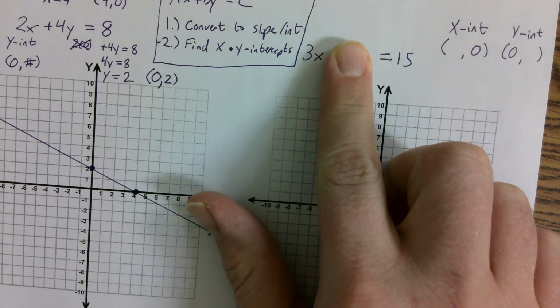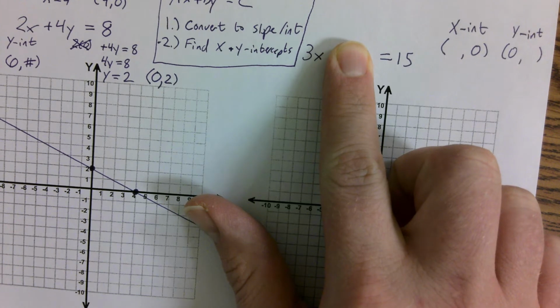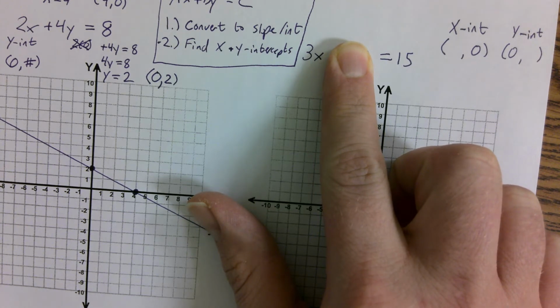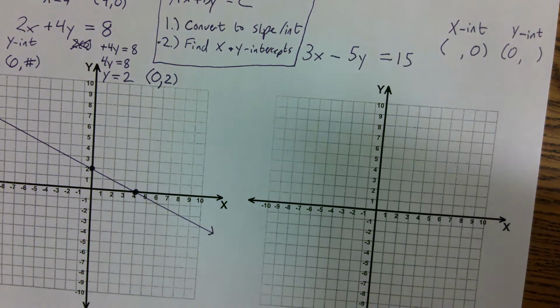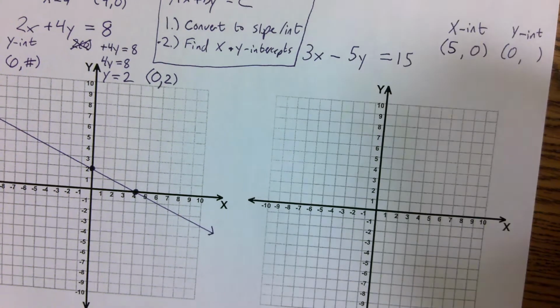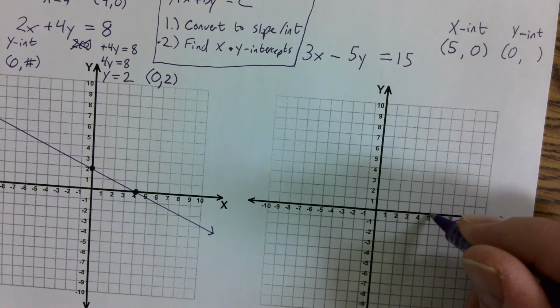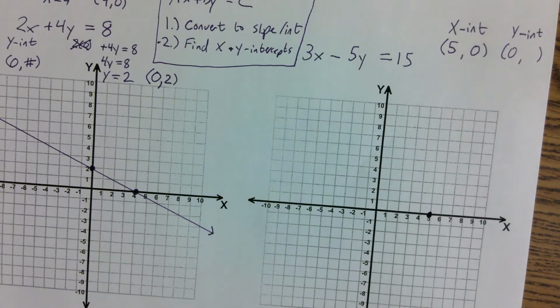And I'm just going to cover up the y. Because if it's 0, it's going away anyway. So I'm just going to look at it as 3x equals 15. Well, what value of x makes that true? 3 times what is 15? And hopefully you're saying 5, and that would be correct. So our x-intercept occurs at (5, 0), down here.